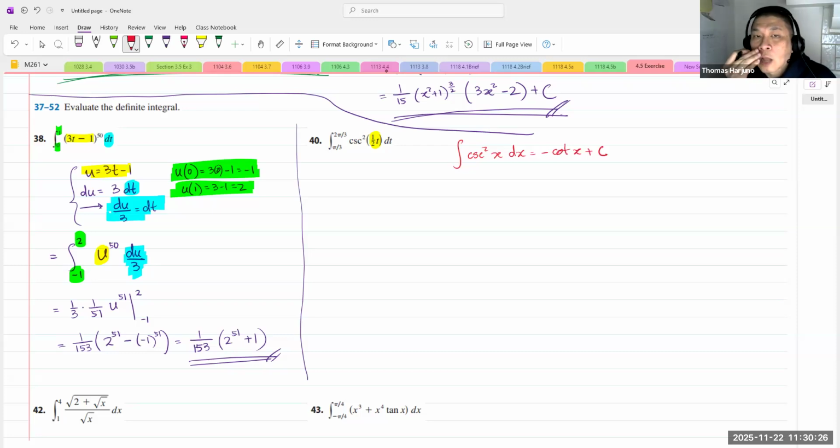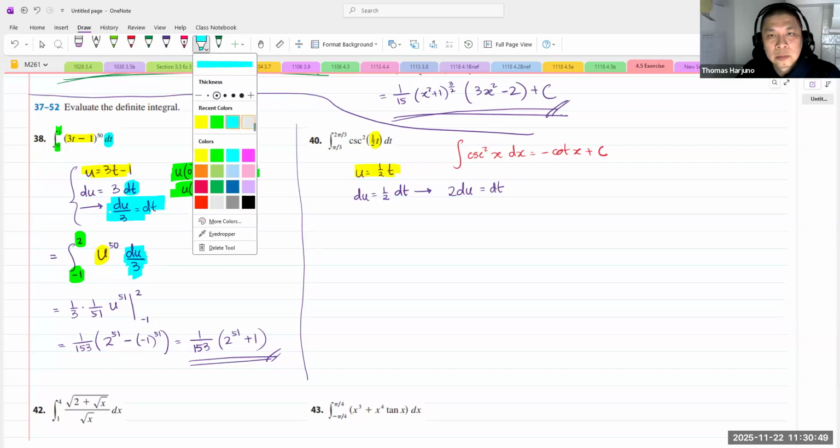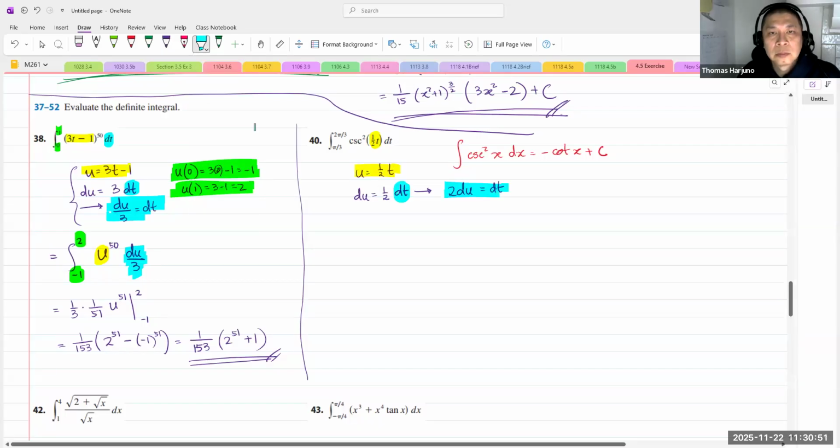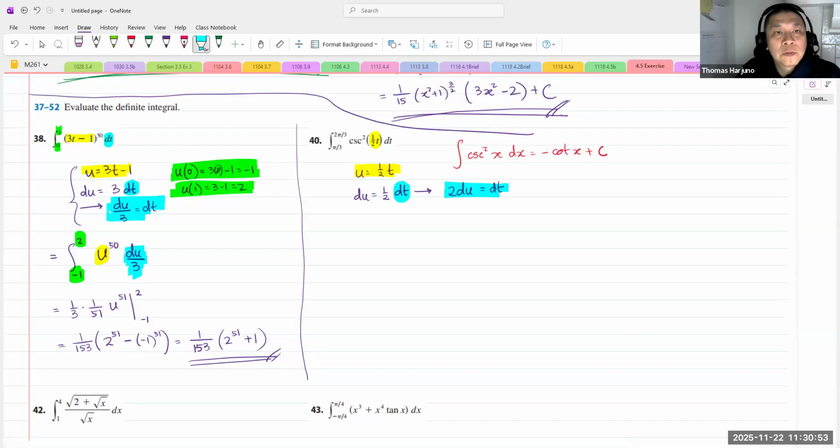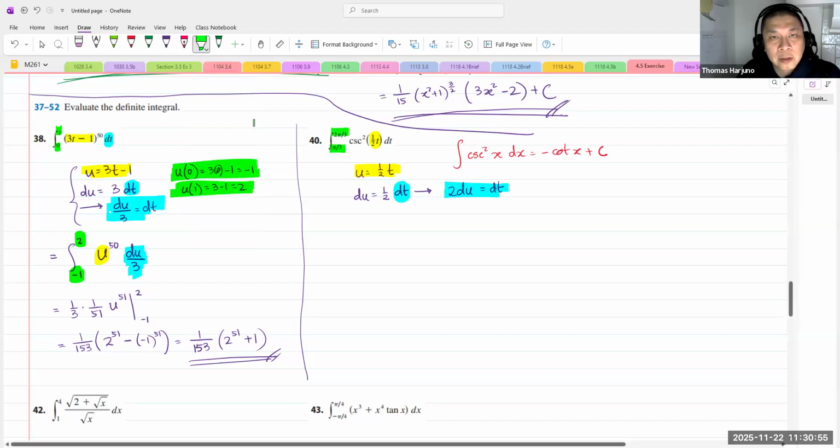So if I can make it our x, right, or u in this case, in the name of u substitution, then it becomes integrable, right? So 2 du is to replace dt. Okay. Oh, what happened to the limits of integration? Don't forget that. Don't forget that.